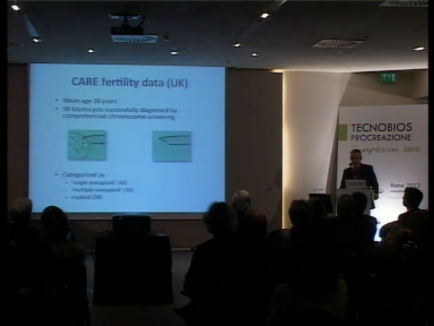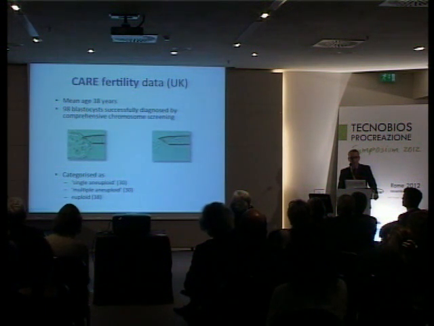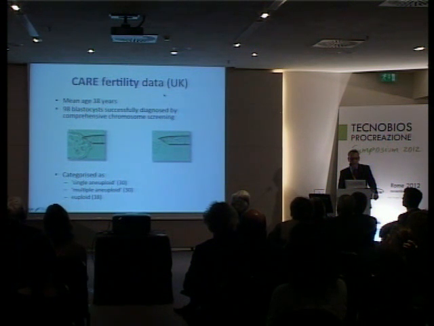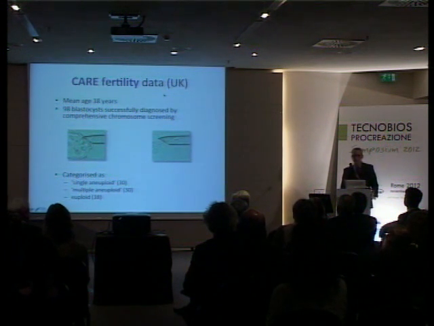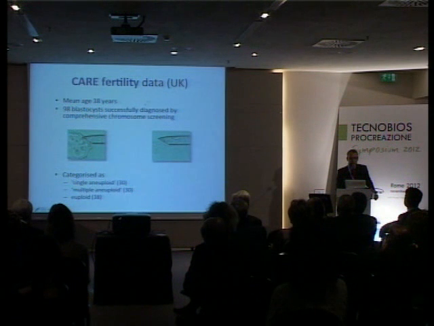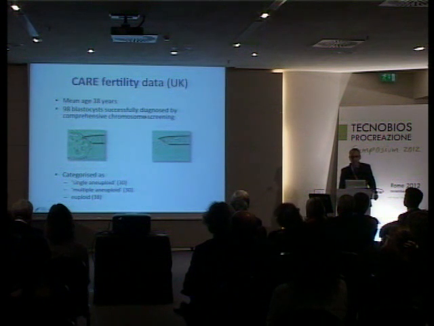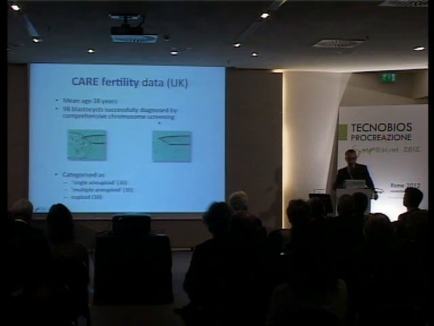associated. And I would like to describe in this case the data that I borrowed from my English colleagues from Care Fertility UK. What they did was to biopsy blastocysts and assess the ploidy status of embryos with comprehensive chromosome screening, so the entire set of chromosomes.